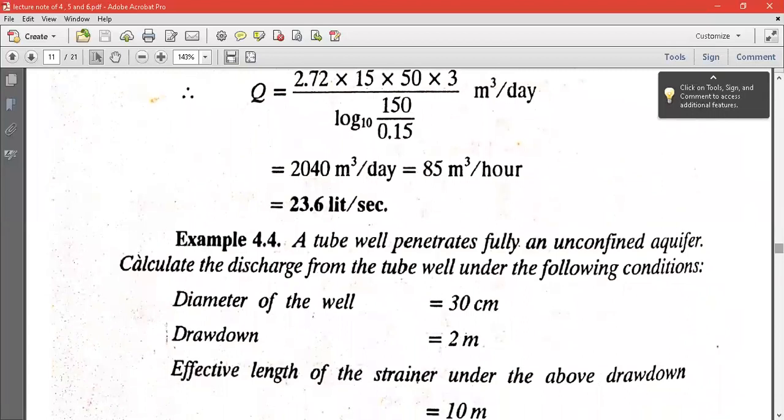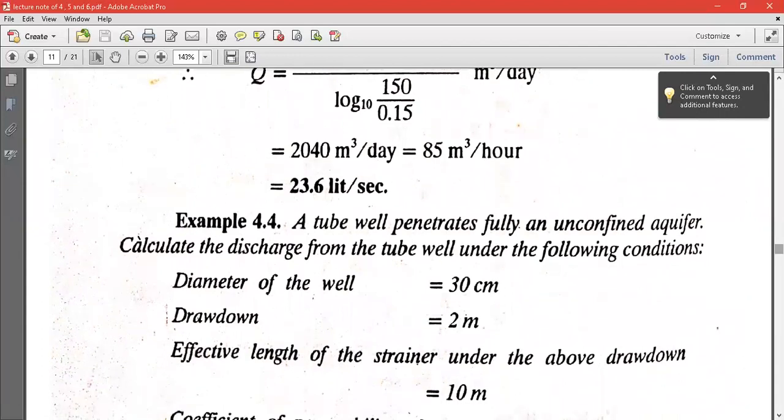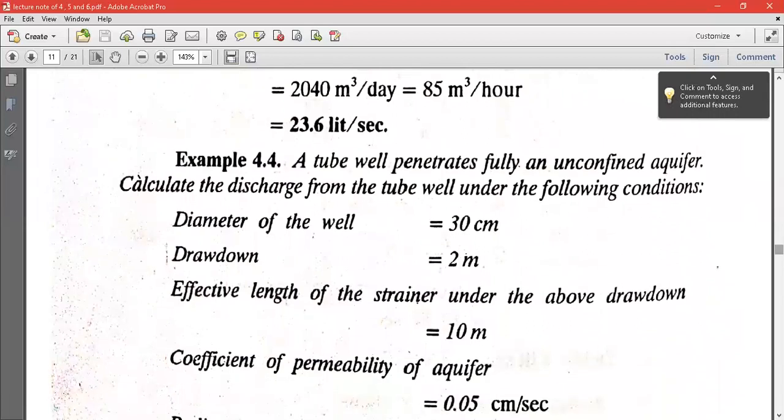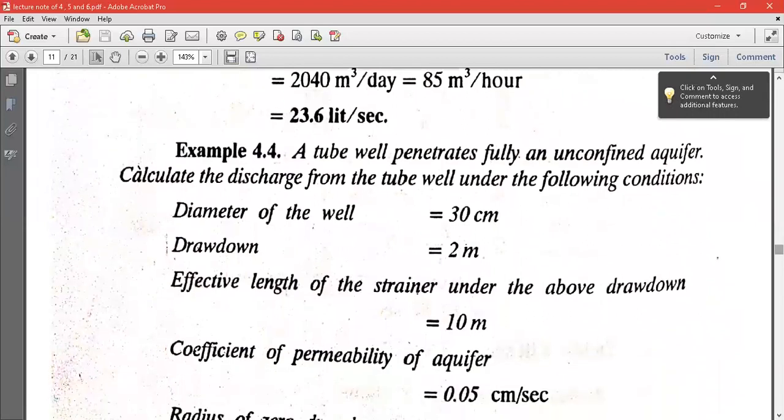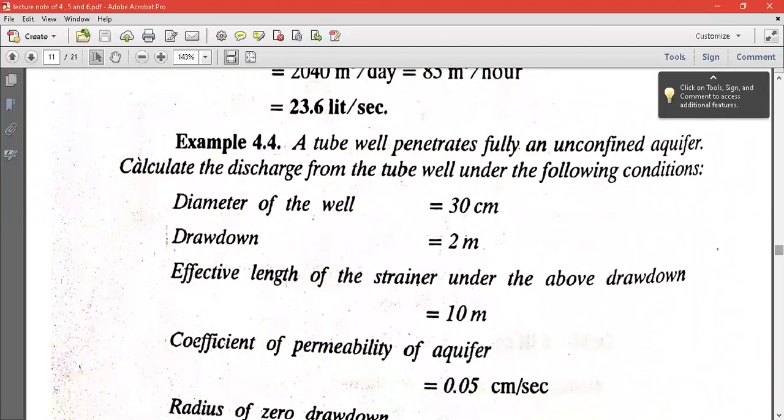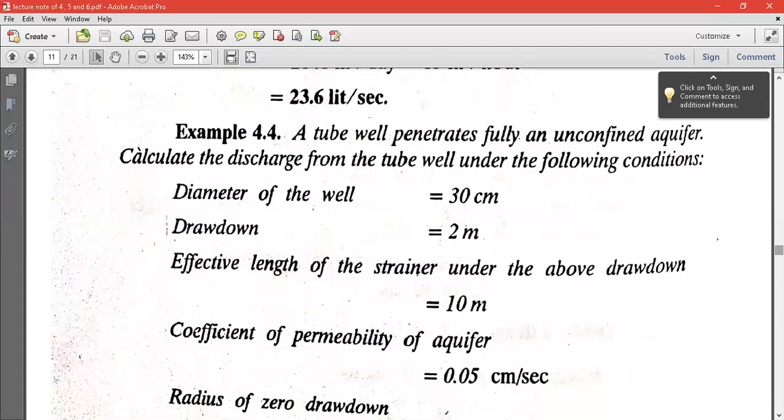Second numerical, I am coming to the well in the unconfined aquifer. So this problem is for unconfined aquifer. So here the diameter of the well is given in the question, that is 30 centimeter. Drawdown, that is the small s, is given as 2 meter.